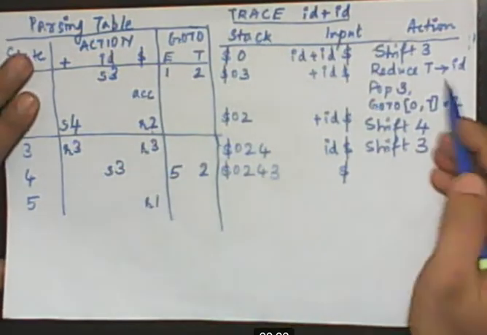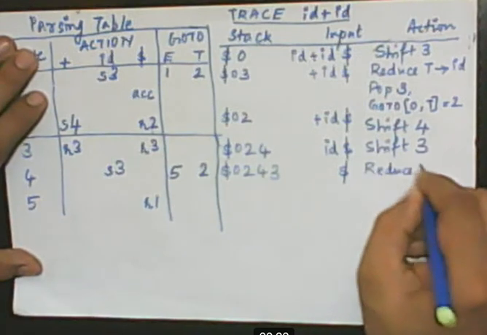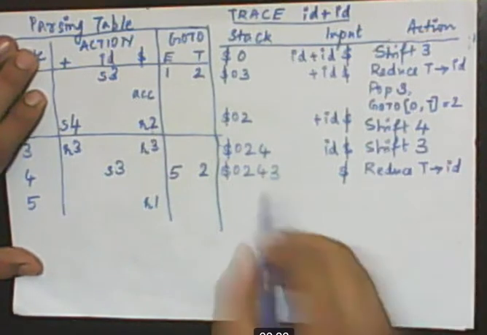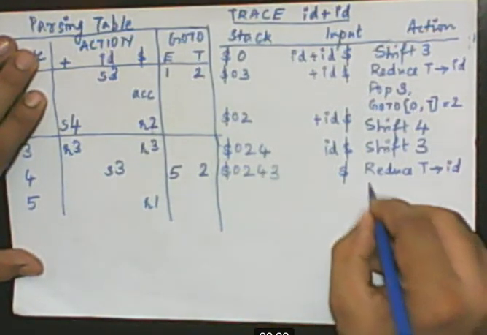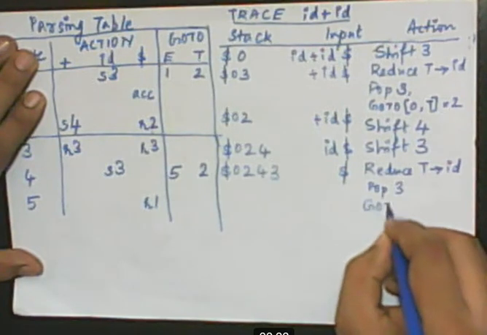3 on dollar you have reducing using R3, that is again the same production, T gives id. Reduce using T gives id. Since it is one symbol, this 3 will be popped, then you get go to.